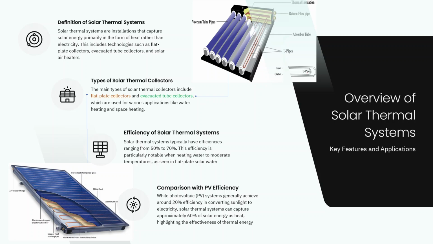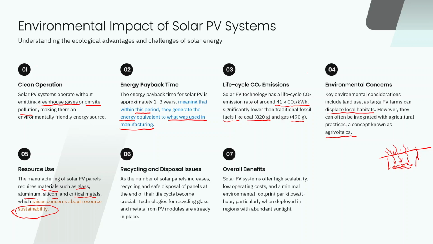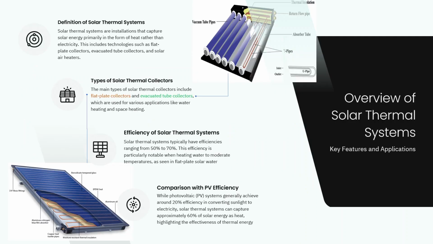Okay, so that's about solar PV systems. Then the other technology is solar thermal systems. As I said, solar thermal systems can be utilized to produce electricity as well as for heating purposes, right? There are different types of thermal collectors used for heating.